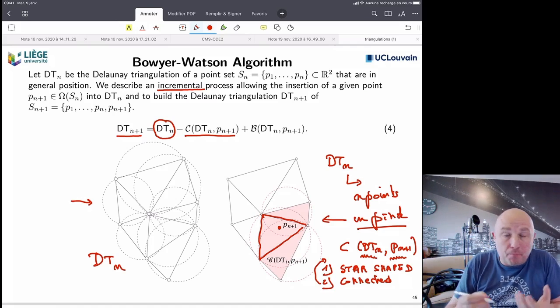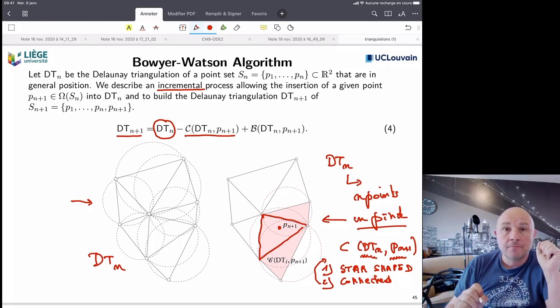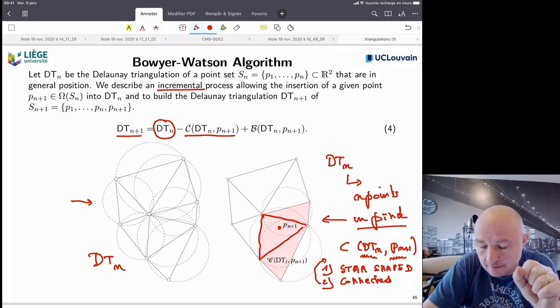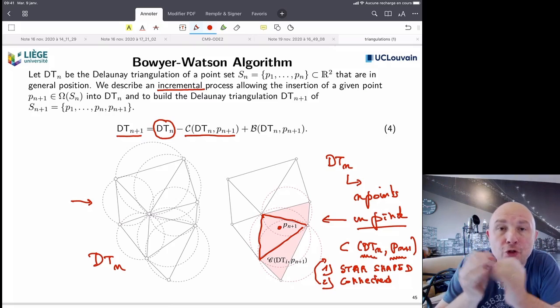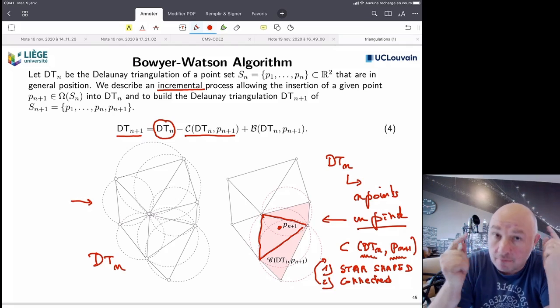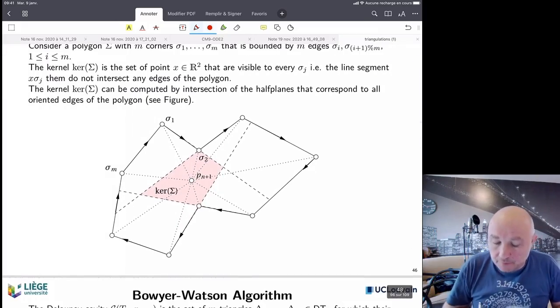So its boundary is a polygon. Okay, it's star-shaped, very, very important. And point P n plus 1 belongs to the kernel of this polygon. So it's star-shaped, it means it has a kernel, and the new point is inside the kernel.